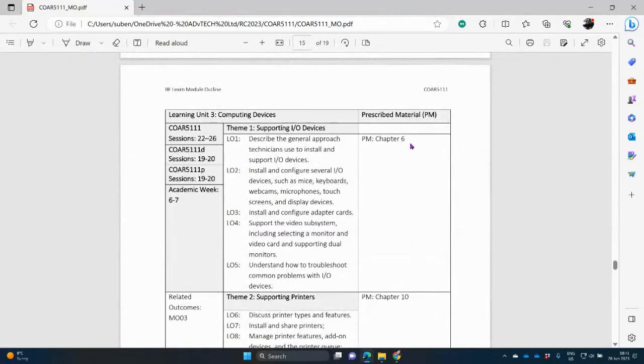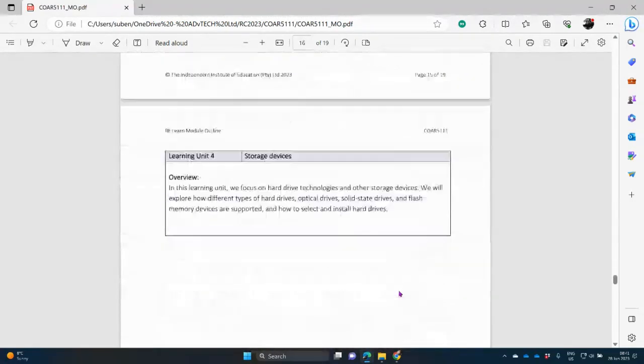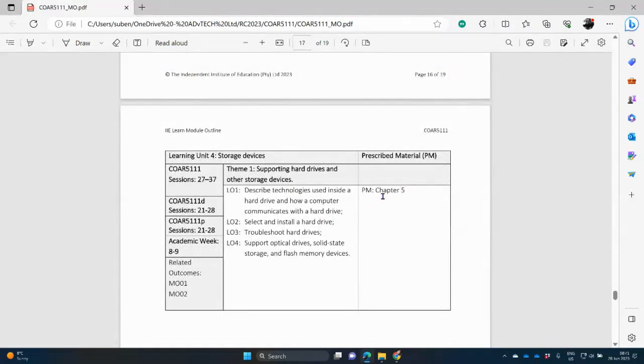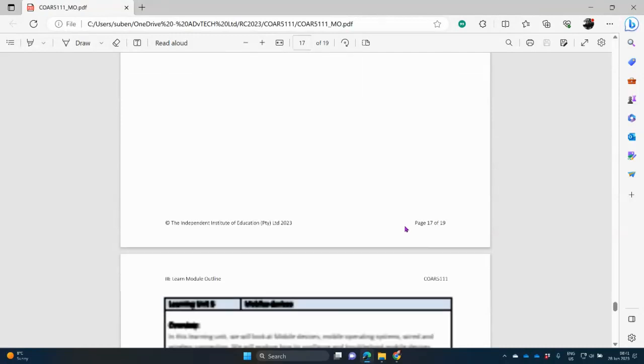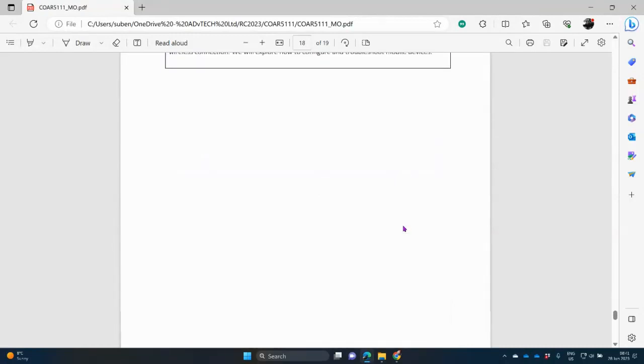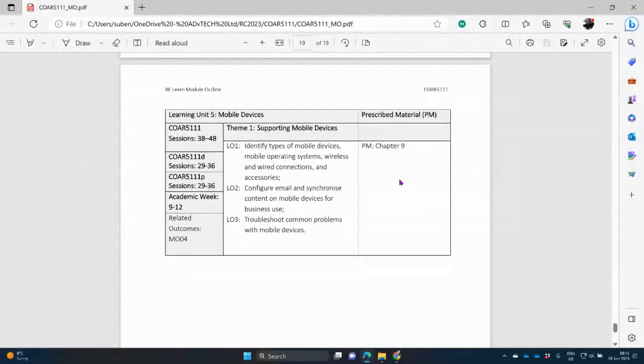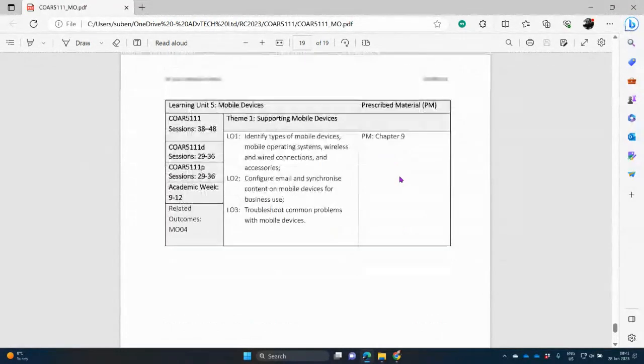So 1, 2, 3, 4, 6 and 10. Sorry, not 7, 10. And then Learning Unit 4 on storage is covered in which chapter? Chapter 5. So we've got 1, 2, 3, 4, 5, 6, and then Chapter 10. And then Learning Unit 5 finally is on mobile devices, and we've got Chapter 9 that is covered here.